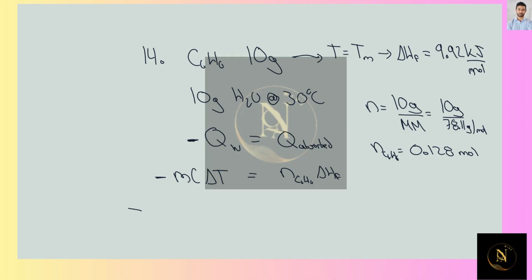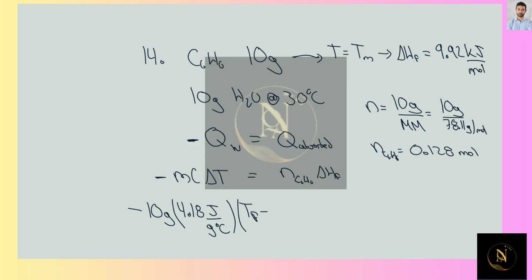The mass of water is 10 grams. The specific heat of water is equal to 4.18 joules per gram degree Celsius. Delta T for water is going to be equal to final temperature minus initial temperature.